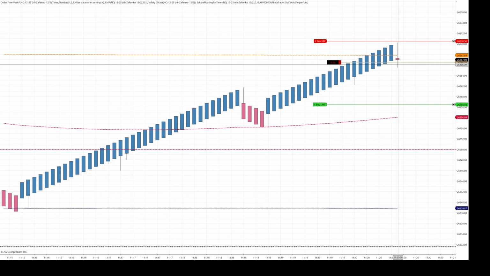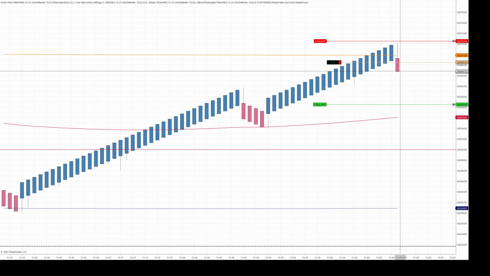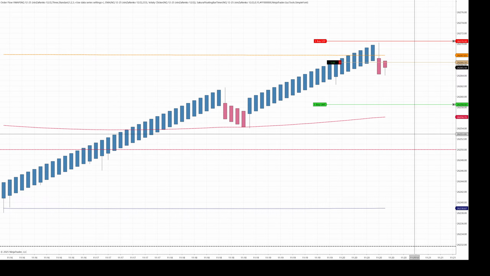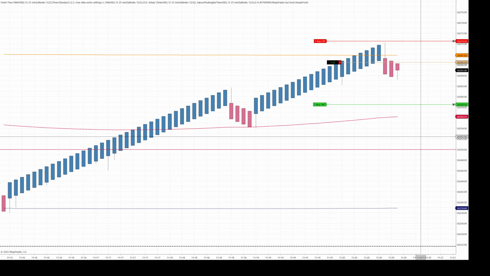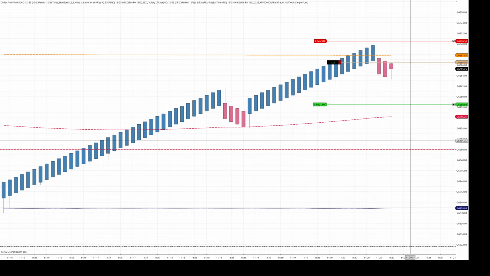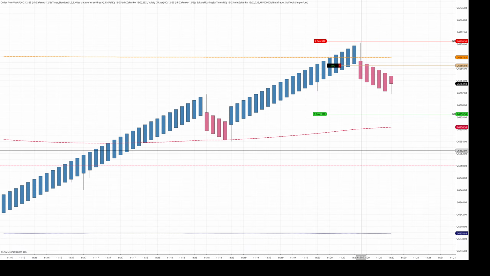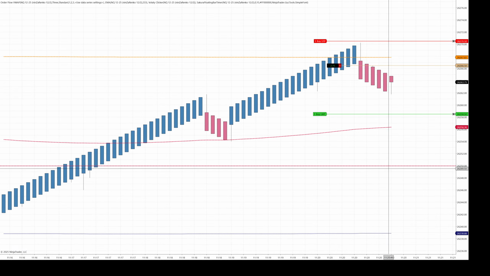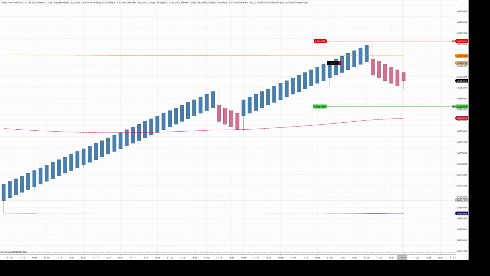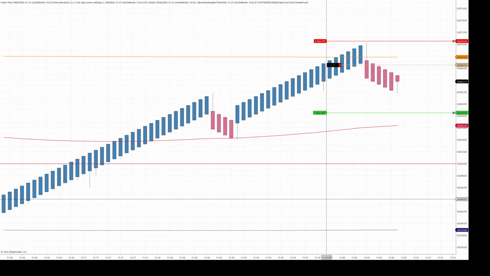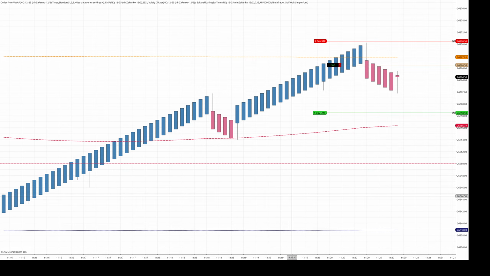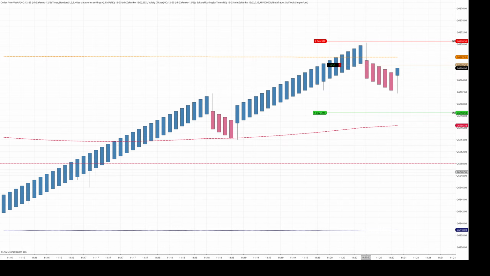Bears are looking to try to use this area for a bearish move. This is definitely a zone.